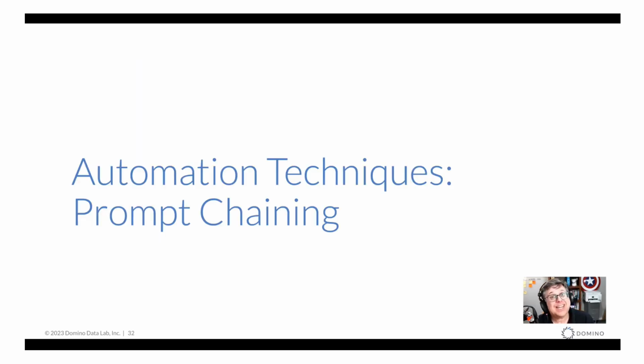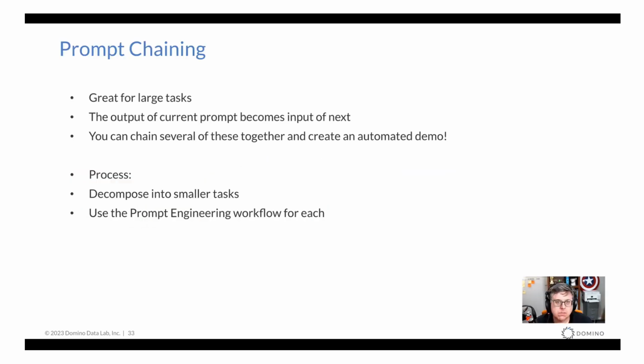That brings us next to automation techniques with prompt chaining, where we can leverage those templates we just learned about. Prompt chaining is really powerful because it allows us to take large tasks and decompose them. And so the output, and this is the chain, the output of the current prompt becomes the input of the next prompt, and so on and so on and so on.